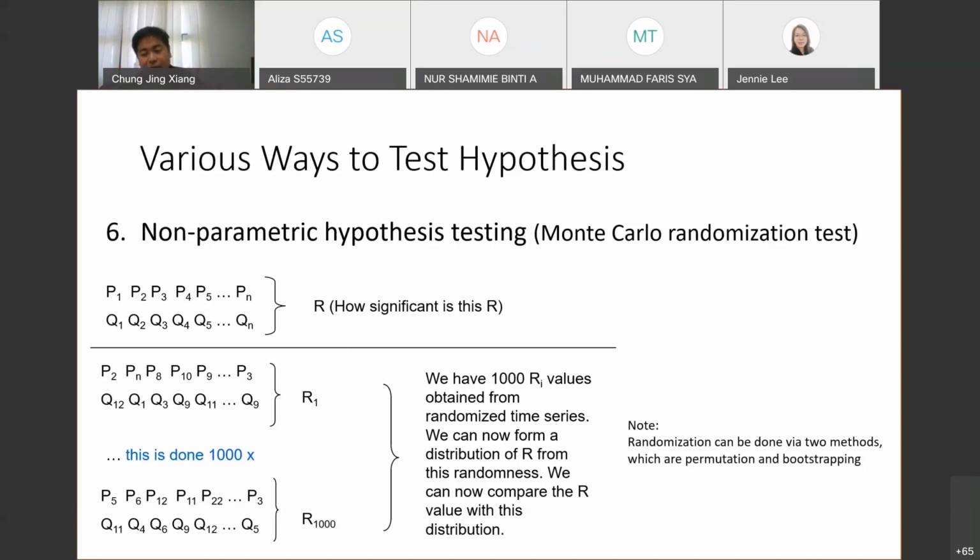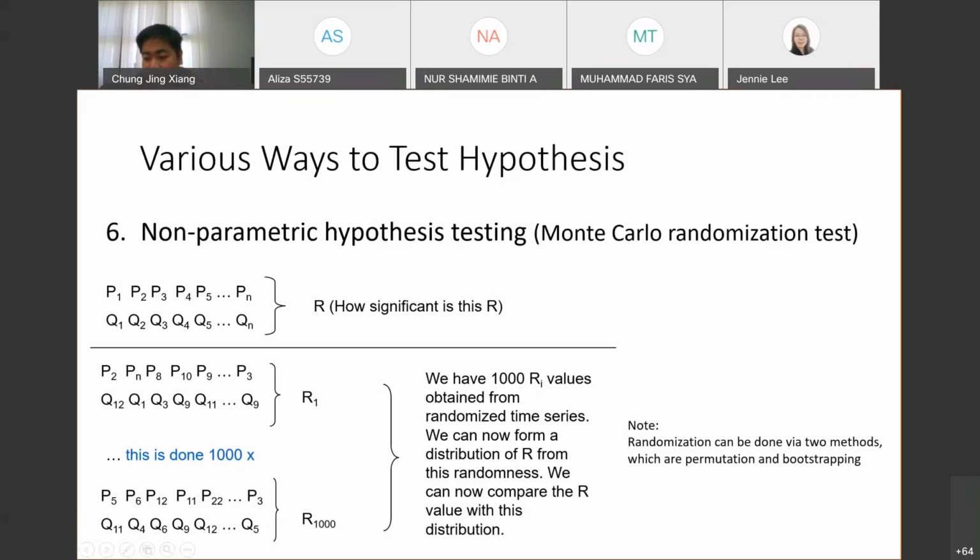What we can do is randomize our data and calculate the R again. At first we have P1, 2, 3, 4, 5 until Pn, then Q1, 2, 3, 4, 5 until Qn. Let's do our Monte Carlo test. We start the randomization.